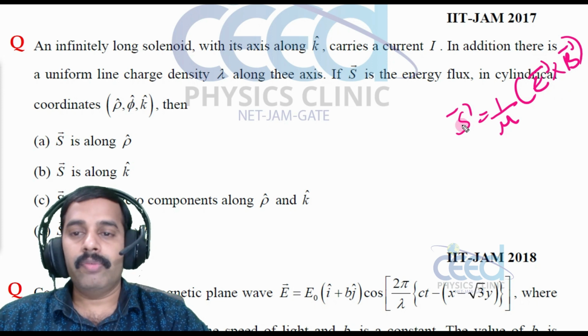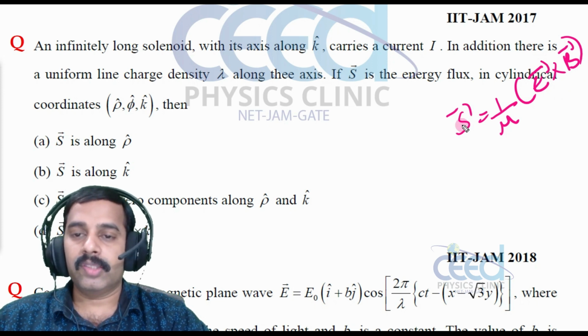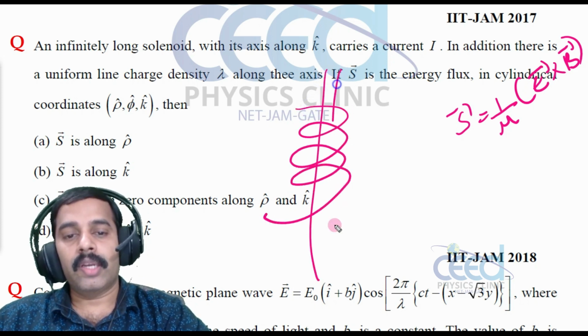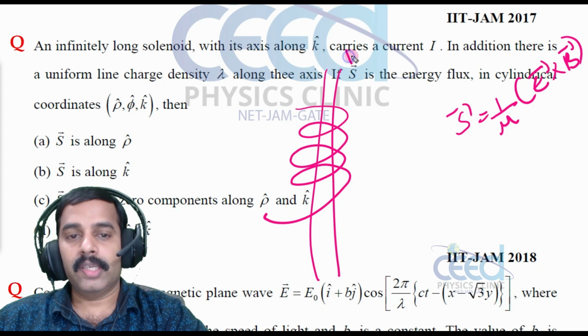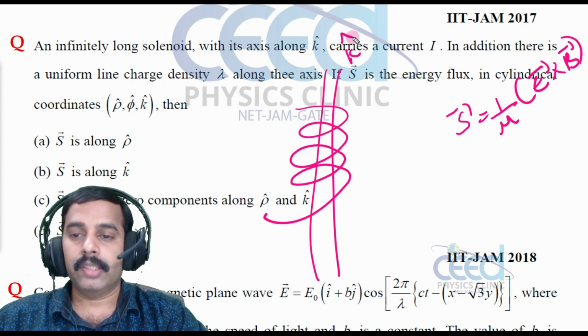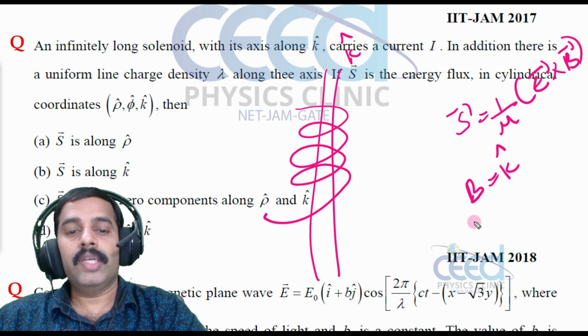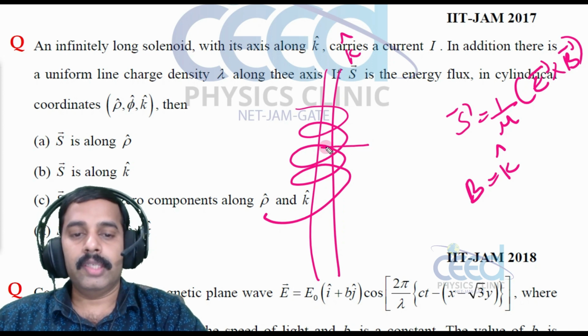So we have to identify for a long solenoid what is the direction of this E and B. We already know for a solenoid the magnetic field is along the axis, right? So it has the direction of k cap. The magnetic field is along k cap. And what is the direction of electric field? So electric field is radially outward, right?